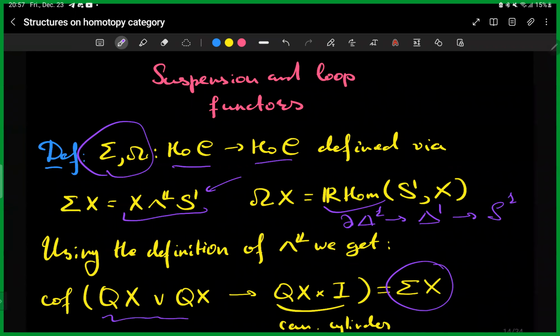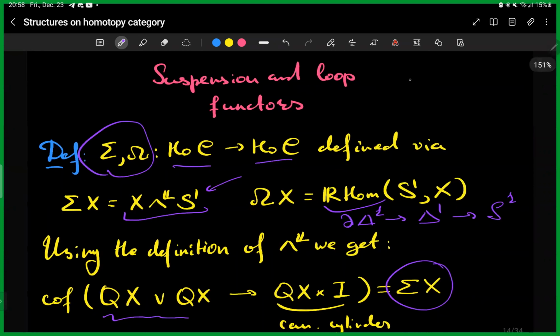Maybe for some reason I did not include the definition of cofiber, which is essential, of course. The cofiber is the same thing as a cofibre. If we have a map from X to Y, then the cofiber is a pushout in this diagram.